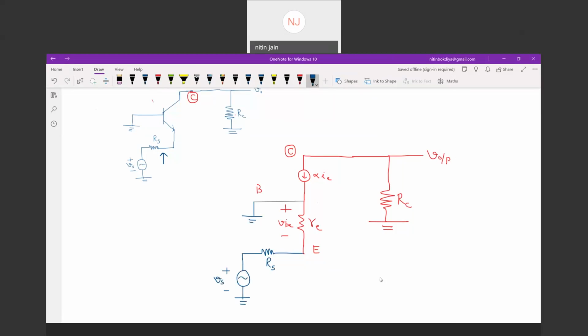So this is the RE model for the common base amplifier. Which one is this? This I can say the RE model or T model for common base.